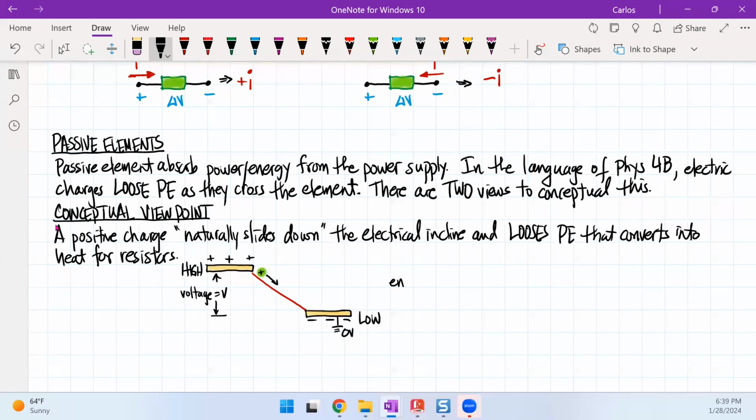So if I take an energy viewpoint of this, what we're seeing here in a resistor, once again, is that I have electrical potential energy right here.